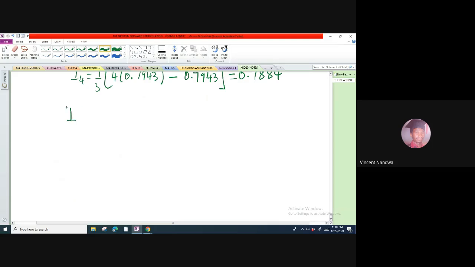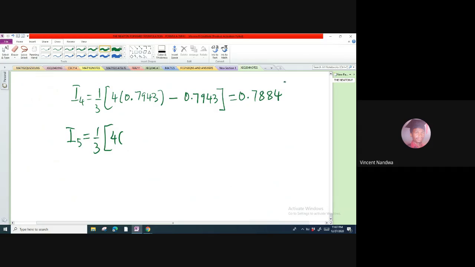And then I5 will be a third into 4 into 0.7899 minus 0.7943. So this gives you 0.7884.